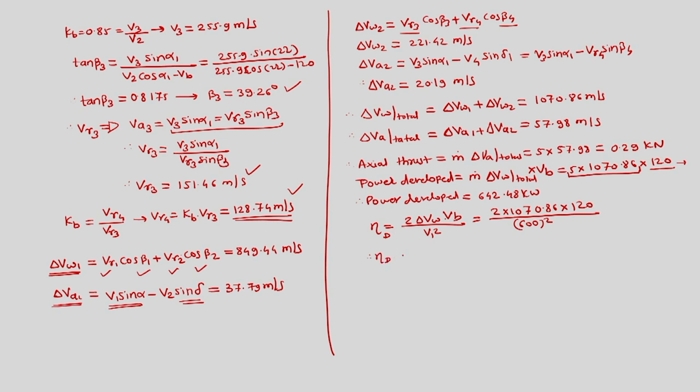So diagram efficiency is equal to 0.7139 or 71.39%.